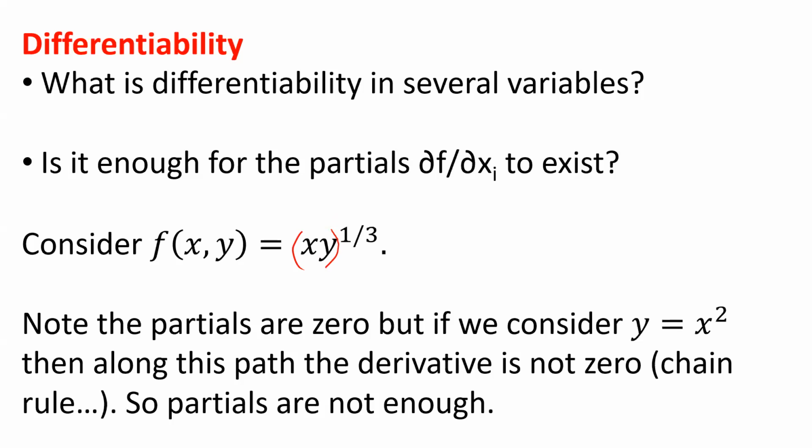And the reason is we go back to the definition, and if we wanted to calculate, for instance, df dx at 0, 0, it would be the limit as, say, h goes to 0 of f of h comma 0 minus f of 0, 0 over h. But what is f of h, 0?